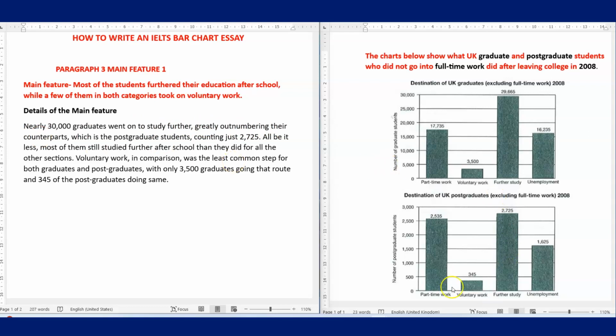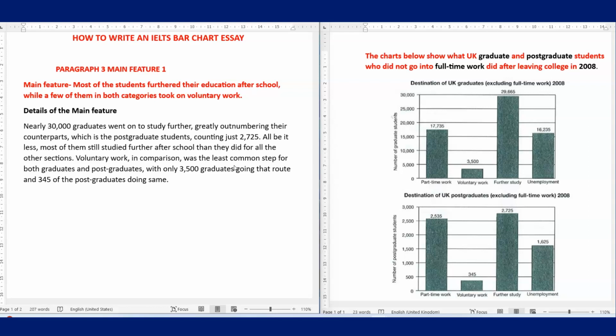Counterparts, which is the postgraduate students. You have to be specific. The postgraduate students counted just 2,725. So you can see here, you have the 29,000, you have 2,725. Make sure that whatever you are writing, you write the correct figure.